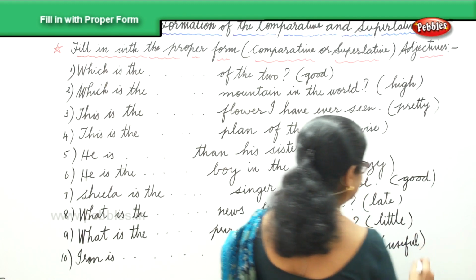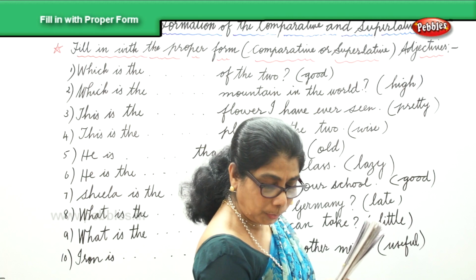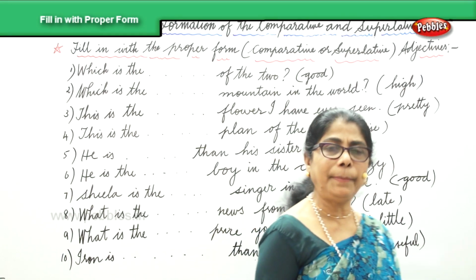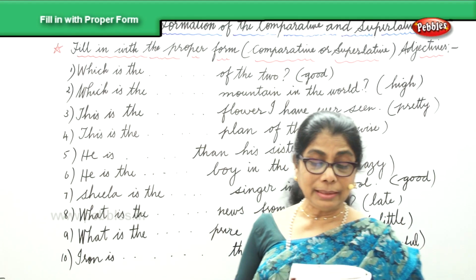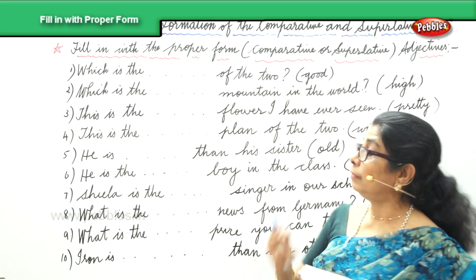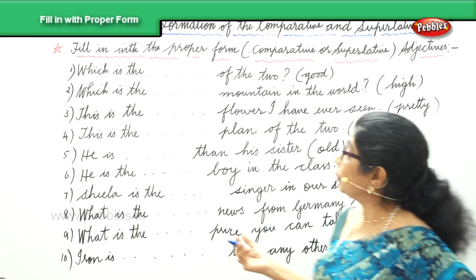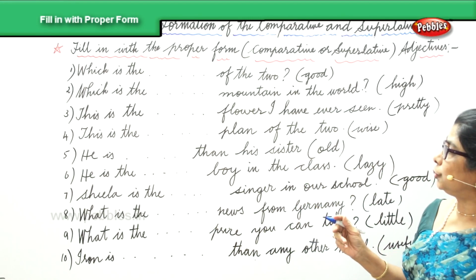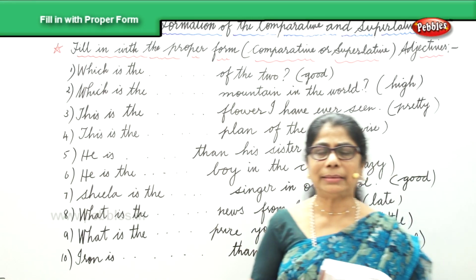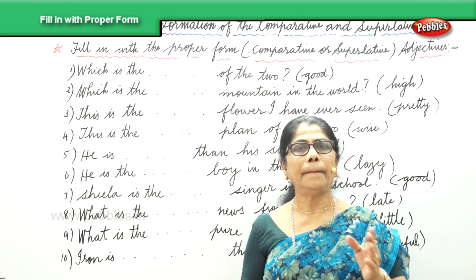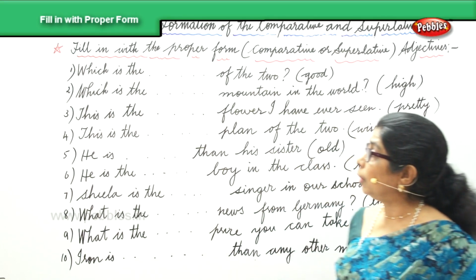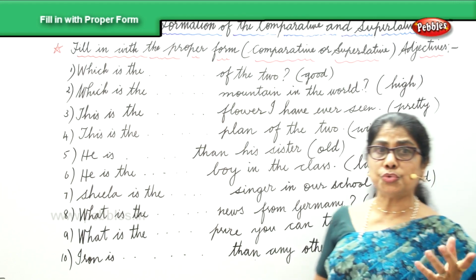So I have 10 sentences here, and what we are going to do now is, we are given the positive, we must write either comparative or superlative degree looking at that. We are given the word good. The degrees of comparison are good, better, best. Which is the dash of the two?